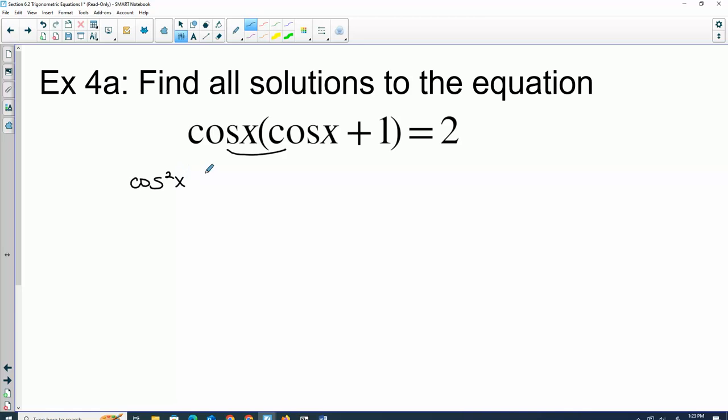So we would have a cosine squared x plus cosine x, and we could subtract over the 2. So now, this is like a quadratic. Cosine squared would just break into cosine.